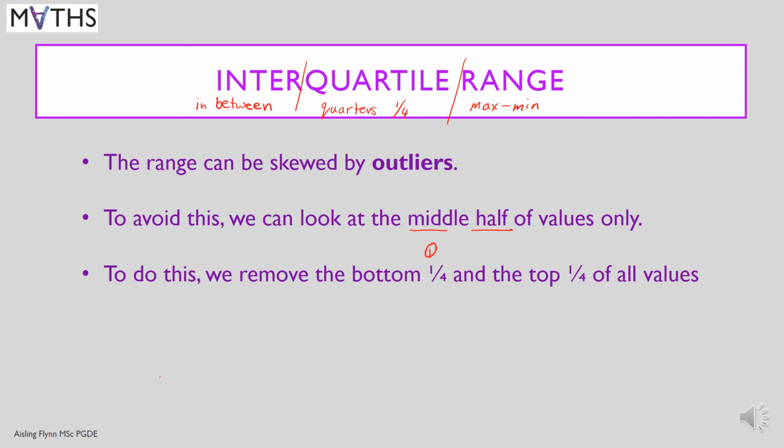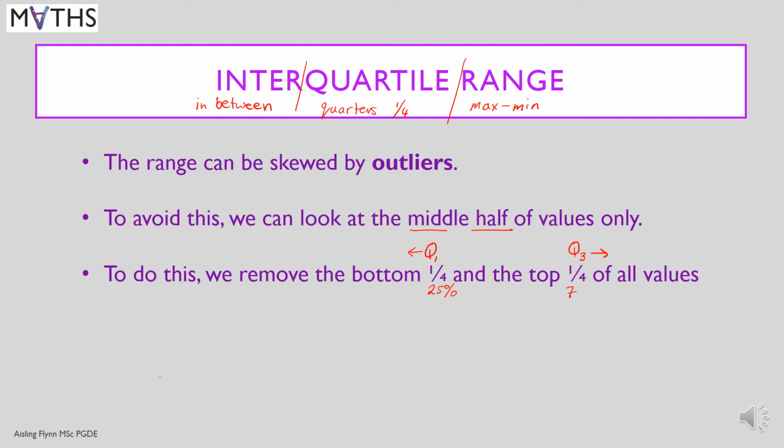We'll return to what's known as Q1 later. So we take off the bottom quarter, or bottom 25% if you like percentages, and we remove the top quarter. So it's from the first quarter down and the 3/4 mark up. We'll revisit Q1 and Q3 in a minute.